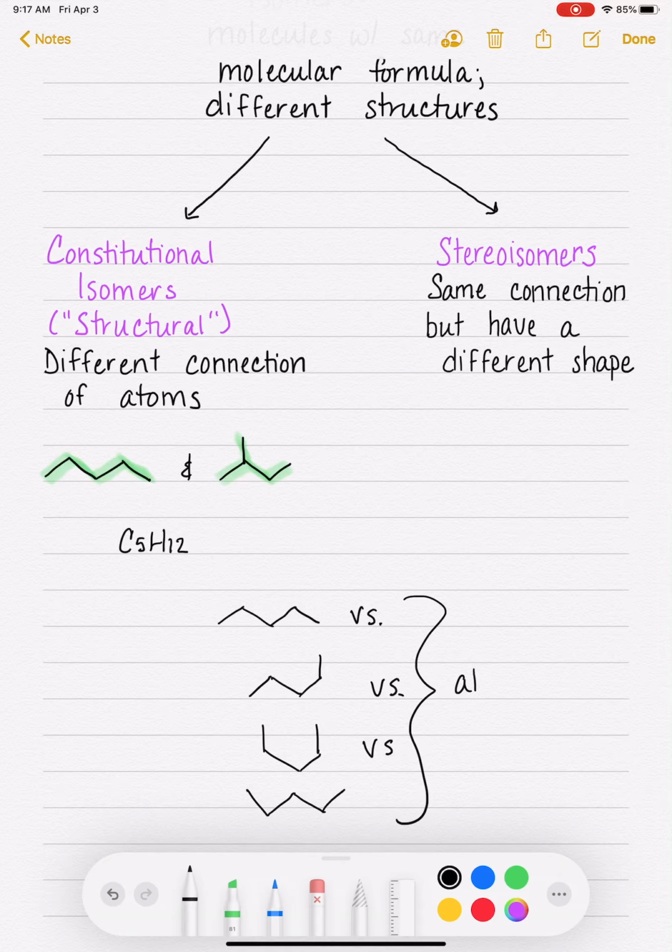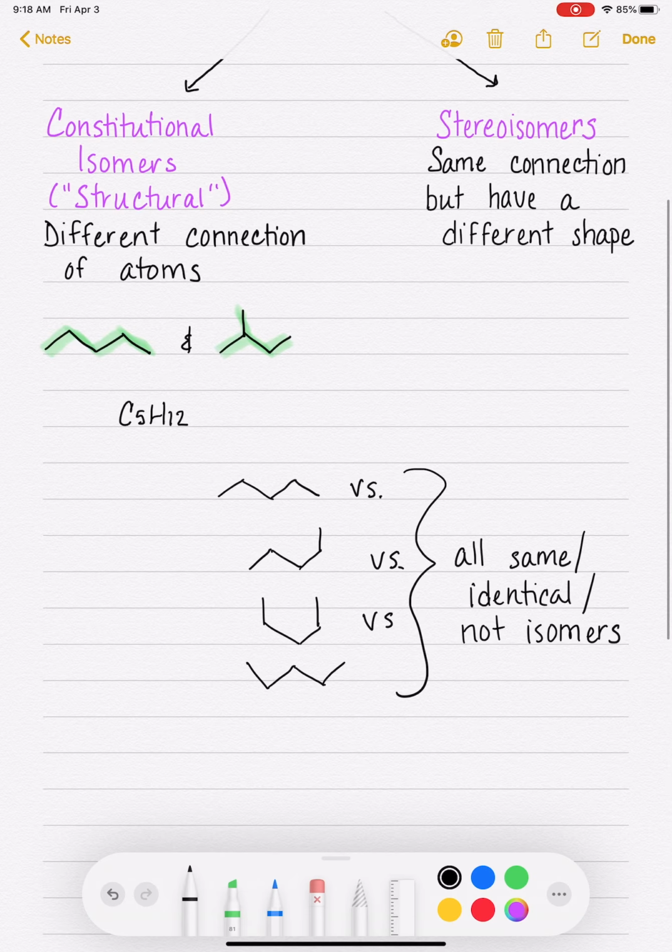So these that I just drew, they are all the same. They are all identical to each other. These are not isomers. These are just 4 different ways to draw the exact same molecule. And for these molecules, the shape in which we draw it does not matter.